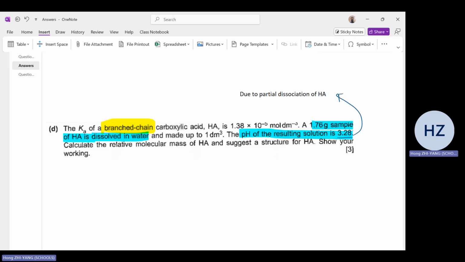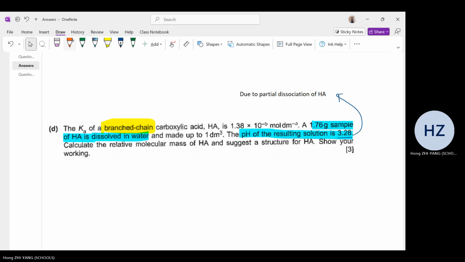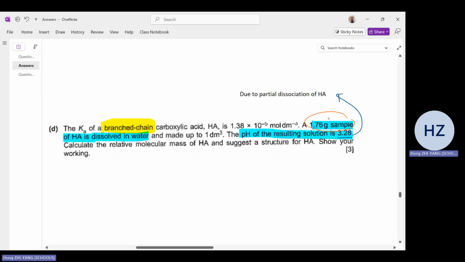Okay, you have a sample, right? Let me know again if I answer your question correctly. 1.76, right? Not all dissolved. Not all dissociated. It's a weak acid, by the way. And the 3.28 definitely is due to the partial dissociation, right?